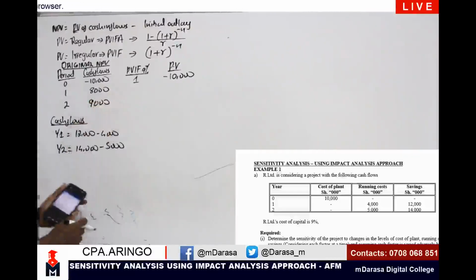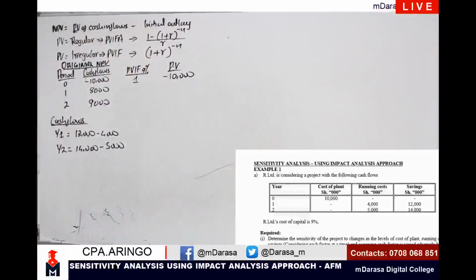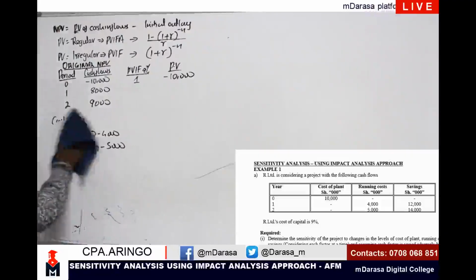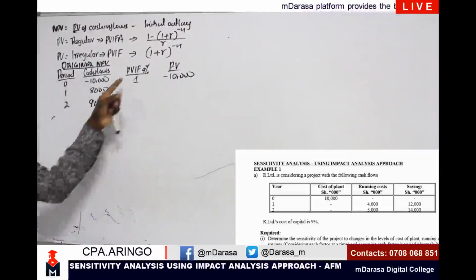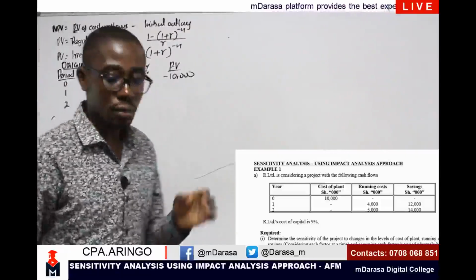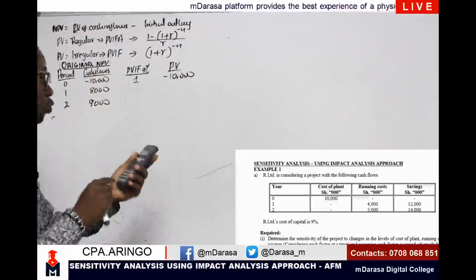9,000. So that will be our cash flows in those respective years. Once we have achieved that, let us determine our present value interest factor. Present value interest factor year 1, 9%, what will you be having?